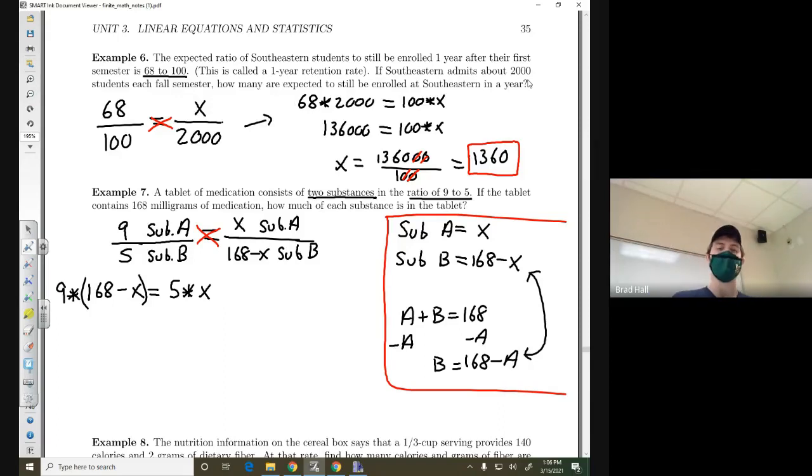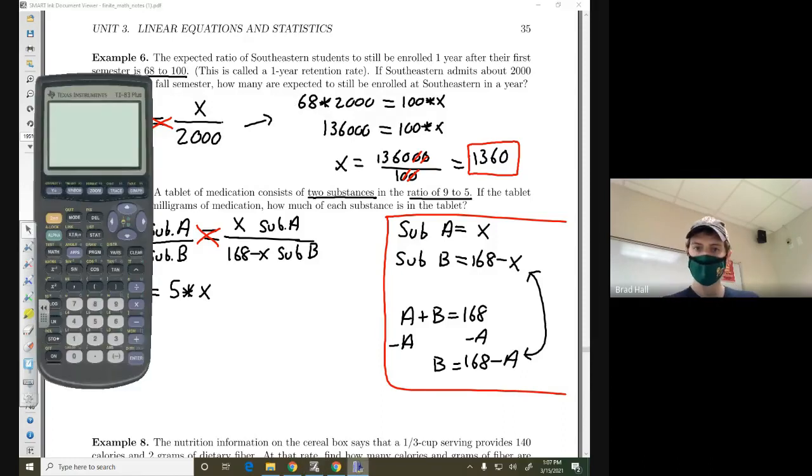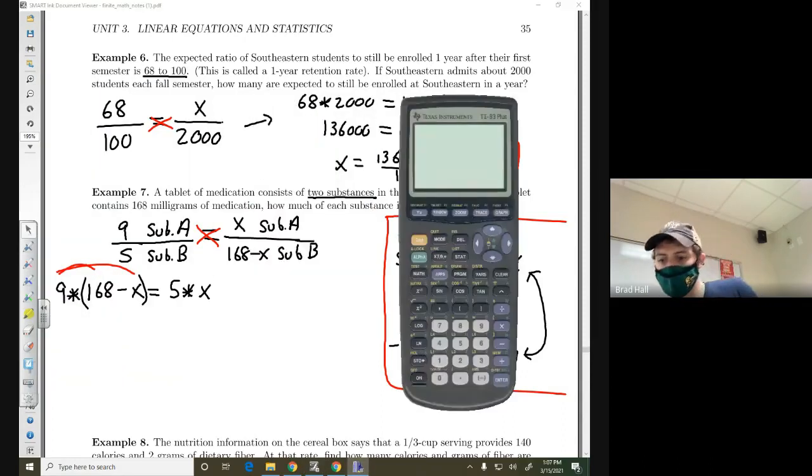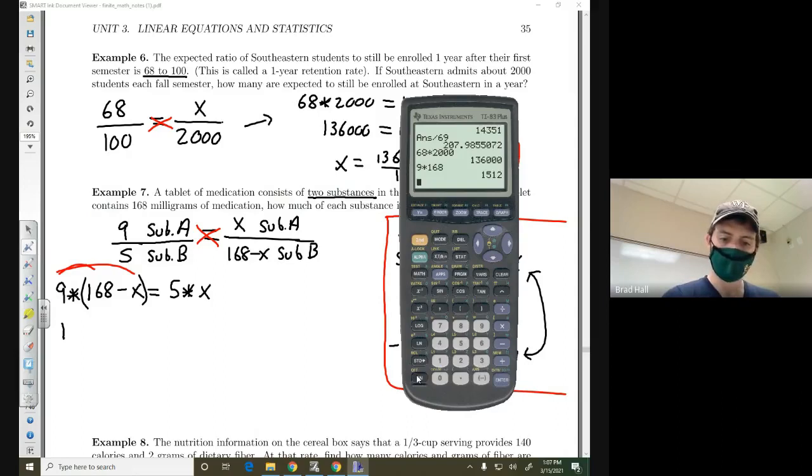And then that implies that we distribute. You might remember the distributive property. If not, we're going to see it a little bit more later on. And so we can go ahead and figure that out right fast. 9 times 168, 1512. 9 times negative x is negative 9x.